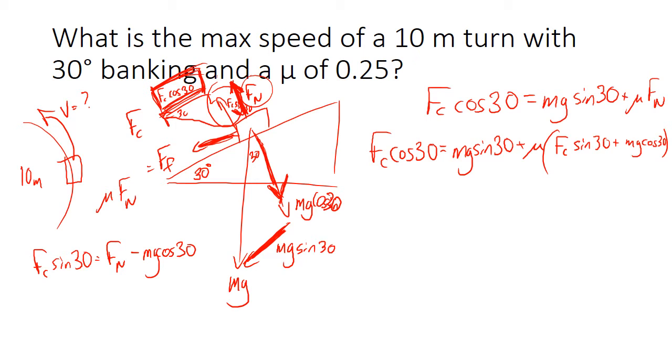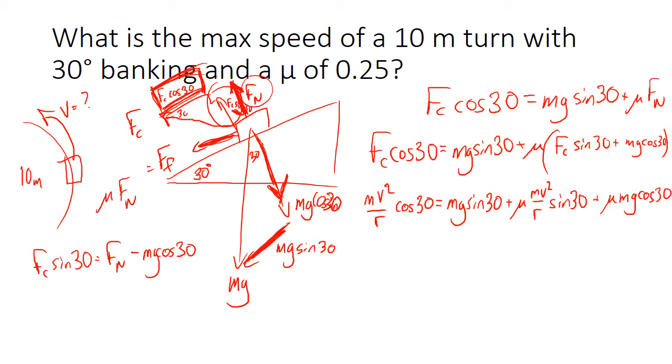FC is mv squared over r. So mv squared over r cosine 30 is equal to mg sine 30 plus mu. I'm going to distribute the mu. mv squared over r sine 30 plus mu mg cosine 30.